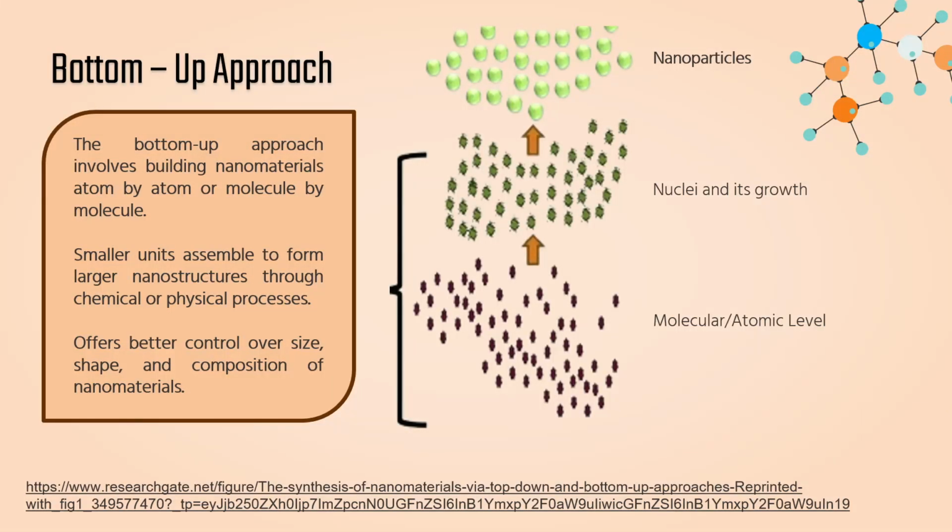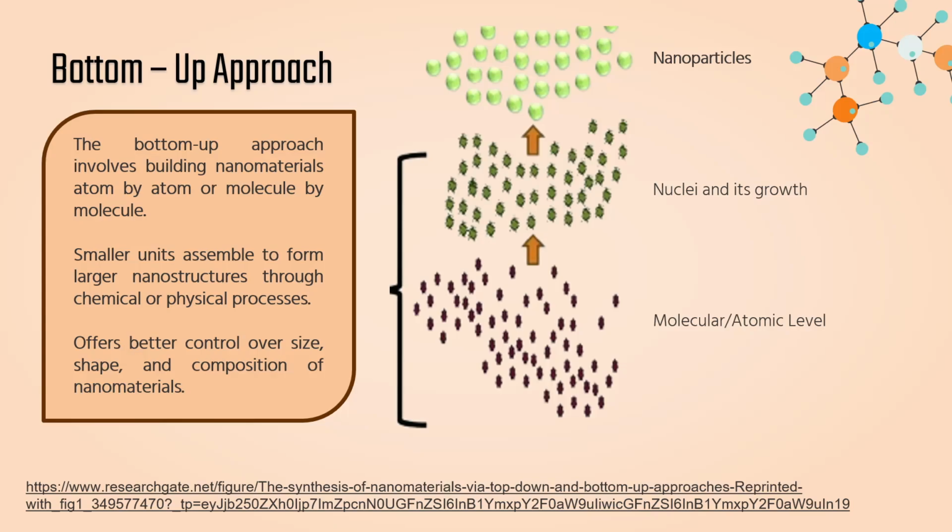The bottom up approach is a method in which nanomaterials are constructed starting from the molecular or atomic level. Initially, atoms or molecules come together to form small nuclei. These nuclei then grow and assemble to form nanomaterials.